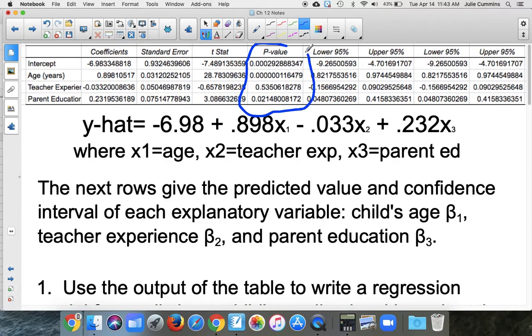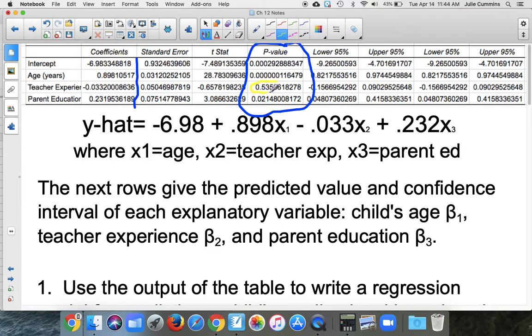Okay. So each one of our coefficients here has an associated p-value. Like age, that's a very small p-value, which means that it is statistically significant. Age does seem to be a strong indicator of reading level. Notice parent education, 0.02, that's less than alpha. So parent education also has a statistically significant relationship.